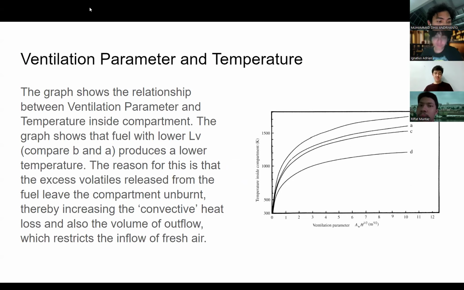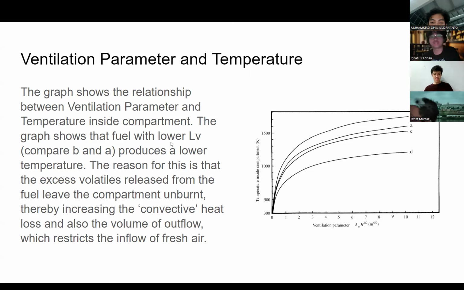Now the ventilation parameter and temperature graph. In this graph, the ventilation parameter is on the X axis and the temperature inside the compartment is on the Y axis, in Kelvins. The graph shows that fuel with a lower LV value, as you can see on the B and A lines, produces a lower temperature.